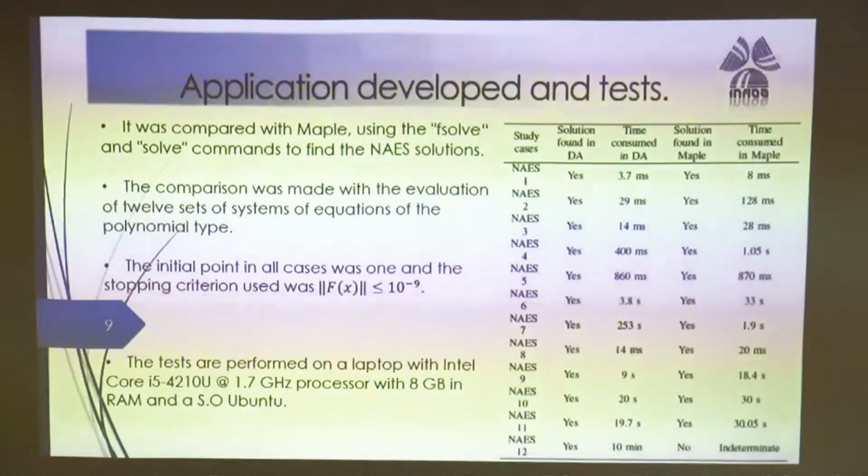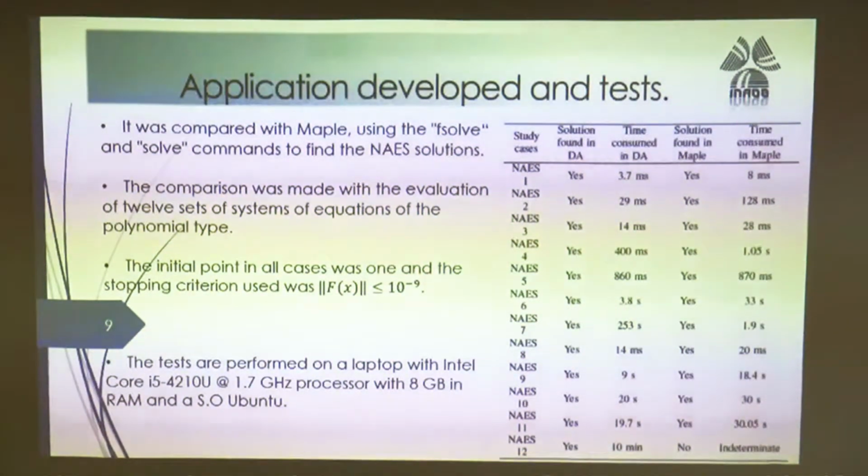As in the previous example, now 12 systems of nonlinear equations were solved. The results and times obtained were compared with Maple. The conditions under which the test was performed are these. The computer is normal.